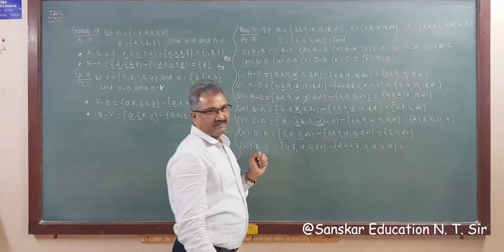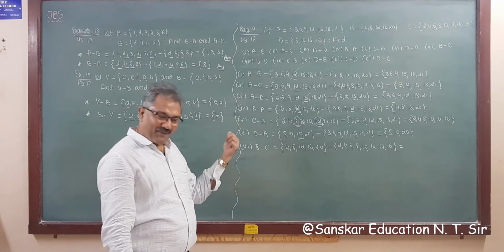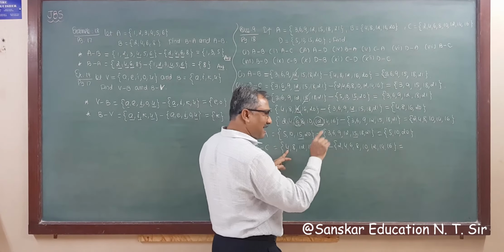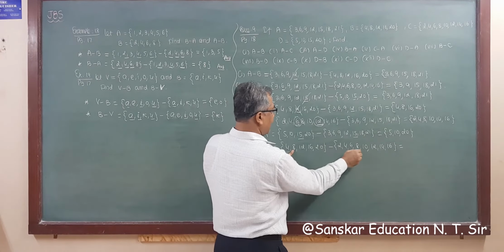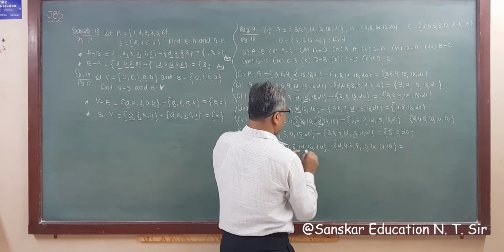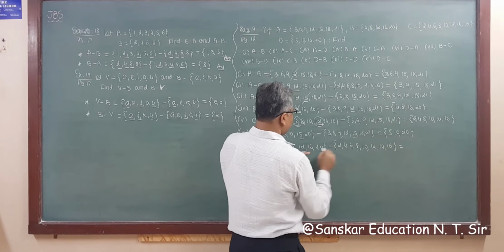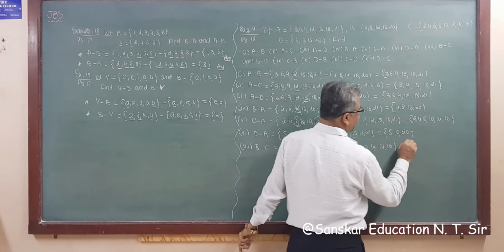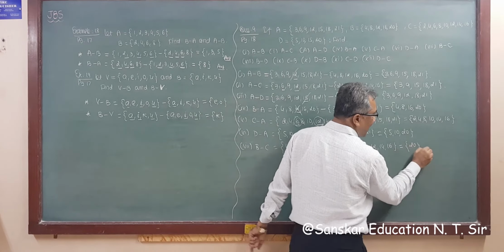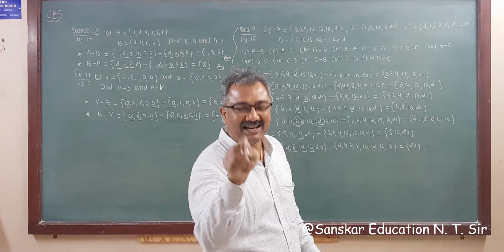Right? So the common elements from the first set we neglect. So 4 is there, 8 is there, 12 is there, 16 is there. So only 20 remains. So 20 is your answer.